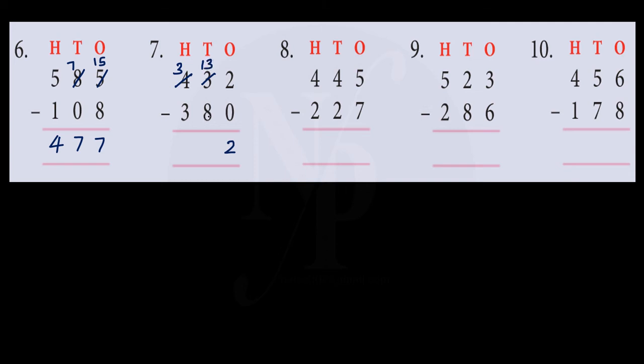Subtracting 8 tens from 13 tens, we get 5 tens as a difference. Subtracting 300s from 300s, we get 0. Therefore, 52 is the difference of 432 and 380.